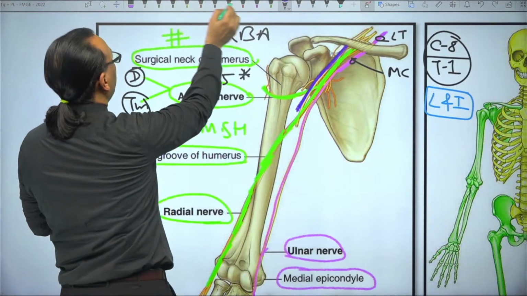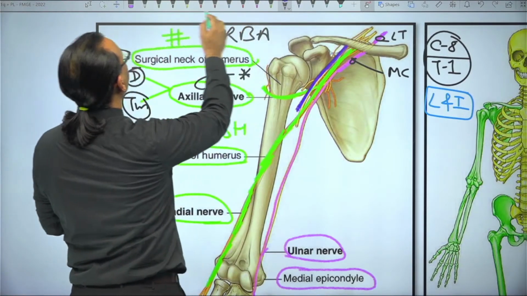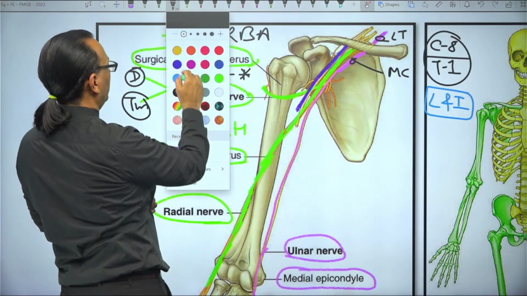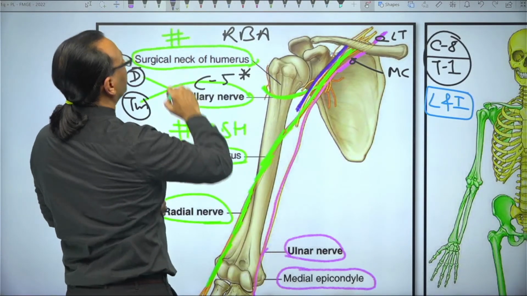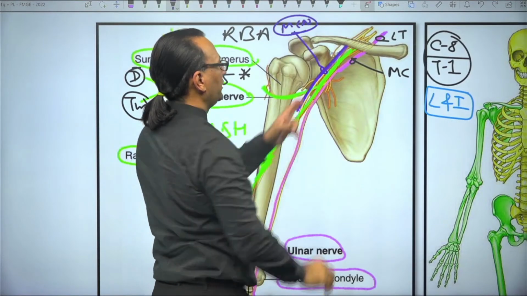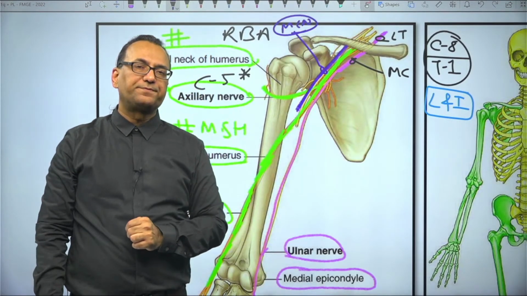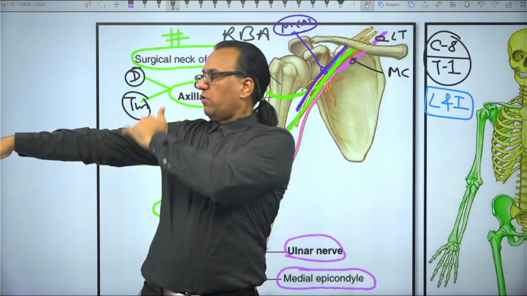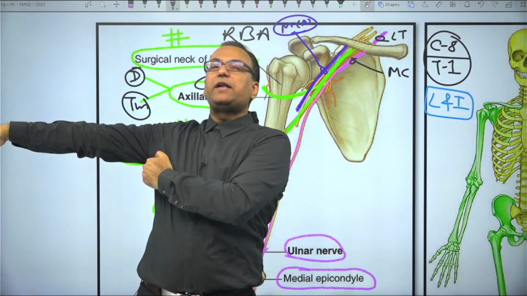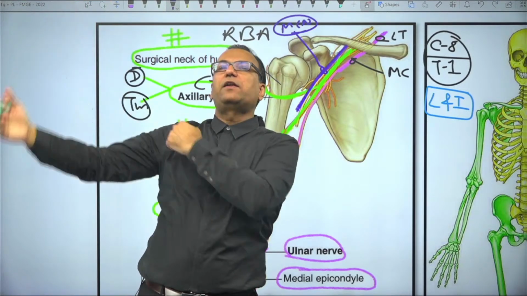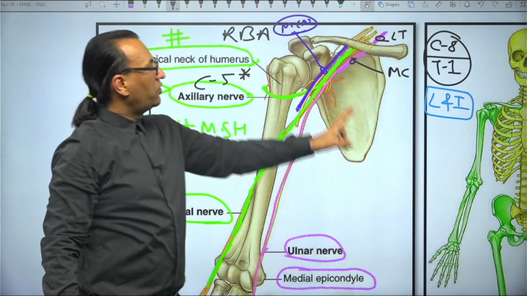The medial cord continues as the ulnar nerve, the posterior cord as the radial nerve, and the lateral cord as the musculocutaneous nerve.